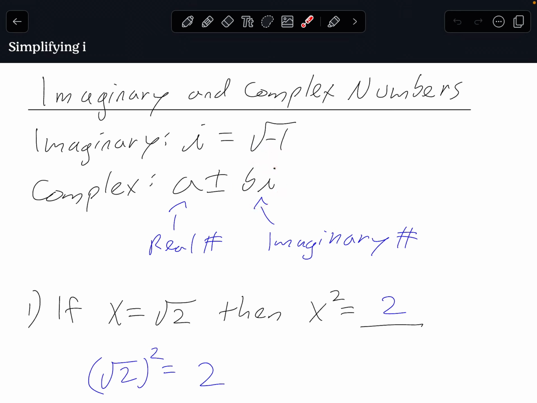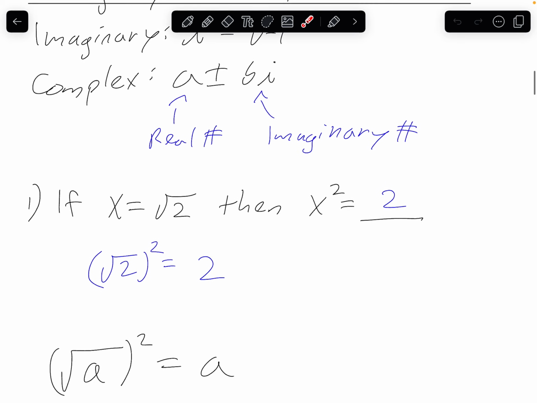So if talking about real numbers for a minute, if x is equal to the square root of 2, then x squared is equal to 2, because when you square a radical number with an index of 2, remember that is the number right there. If you square a number that is under a radical, really what happens is that the radical just disappears.